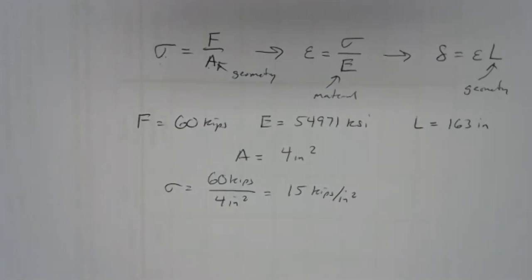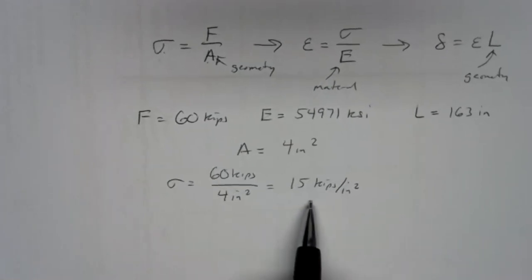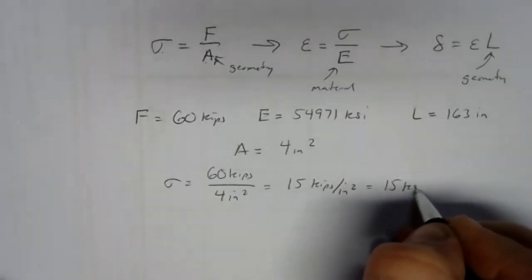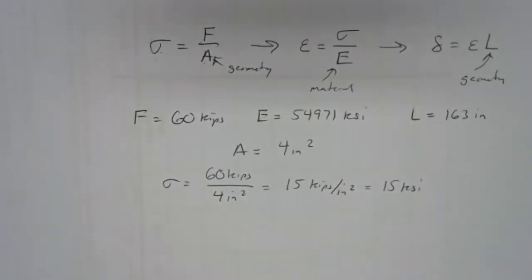Now we do run into a little bit of a material problem here. It's not clear whether 15 kips per square inch, or 15 KSI, is below the limit for this material. Since you're not given any information to be able to look that up, you have to assume it is, or you can't go on with the problem. But in reality, I'd have to worry looking at 15 KSI.